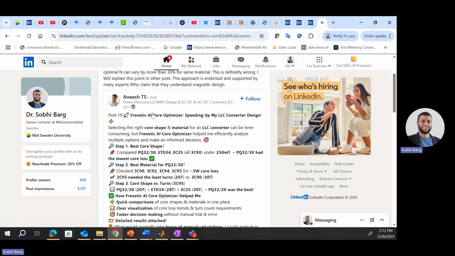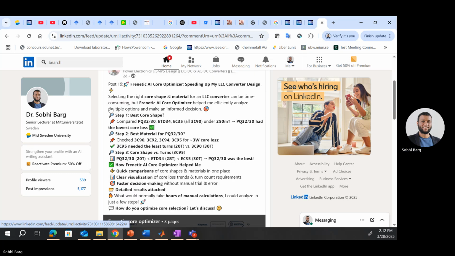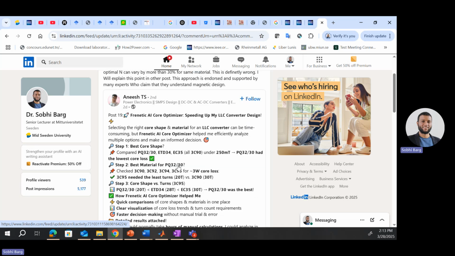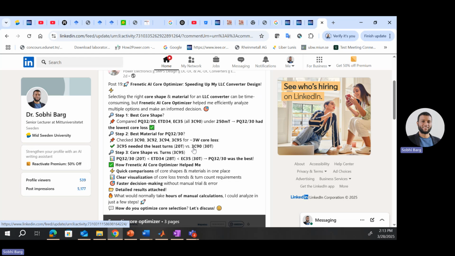Anish has used this tool to optimize an LLC transformer, a transformer for an LLC converter. We will look at the design steps that he shared. But before that, I will give you the plan for this meeting. First, we will go through the optimization results of Anish that he got using the core optimizer of Frenetic.